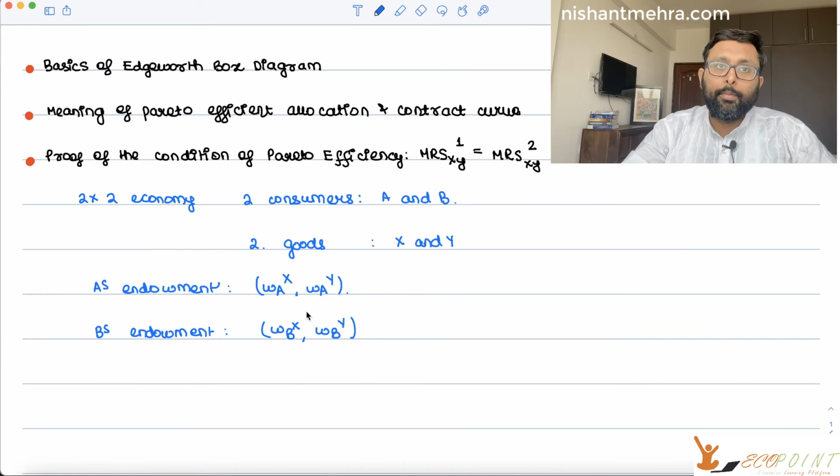Endowment is what we are born with. We are endowed with this much amount of X and Y. So there is no other production which is taking place, no uncertainty, nothing. So it is just an endowment economy.